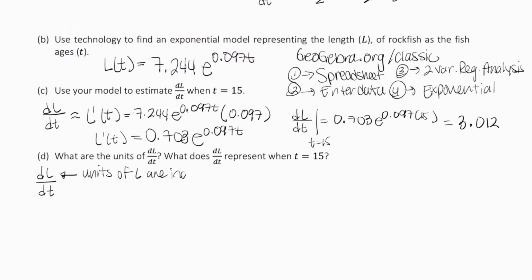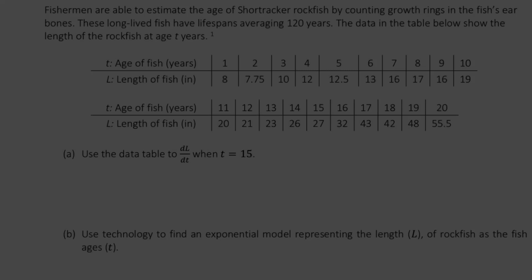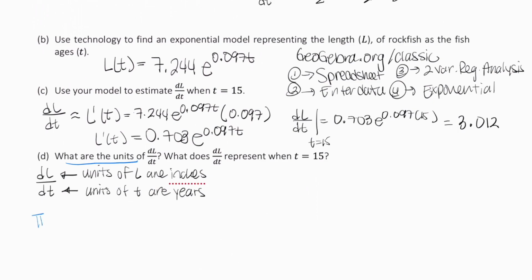So the units of L are in inches. And then the denominator here, t, the units are years, because t is the age of the fish in years. Okay, so that helps answer this first part, but let's write down a complete sentence. The units of dl over dt are in inches per year.